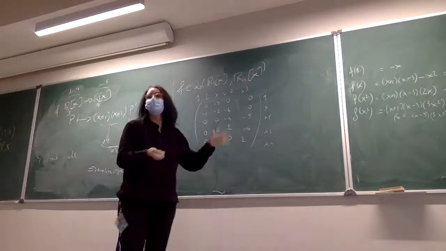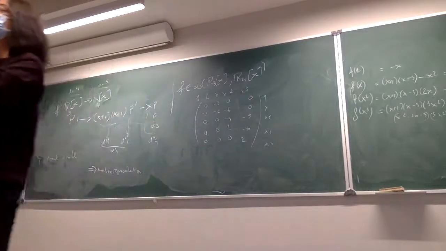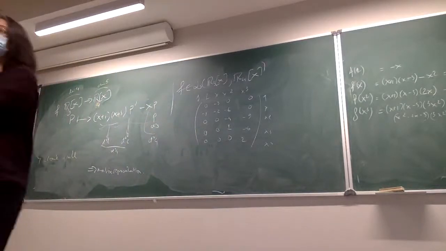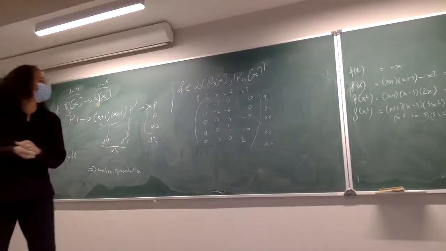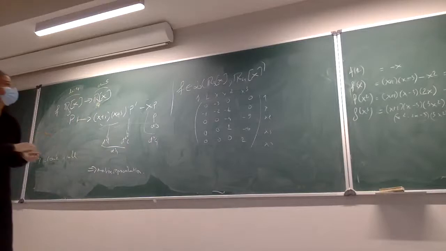Okay, so how do you look for the eigenvalues of a matrix? You take your matrix minus lambda the identity, you take the determinant and look for the roots. Okay, that was maybe not the best idea to restrict it to that space.